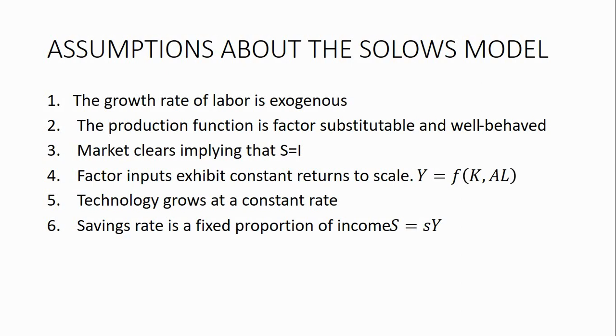The sufficient condition is that our second order derivatives must be less than 0. So the production function under the Solow's growth model is factor substitutable and well behaved, meaning the first order conditions are positive and the second order conditions are negative, less than 0.